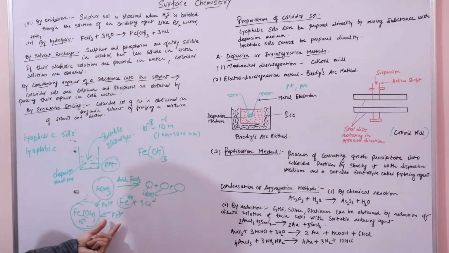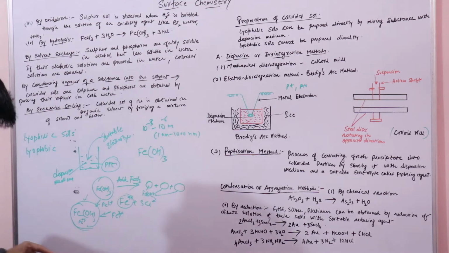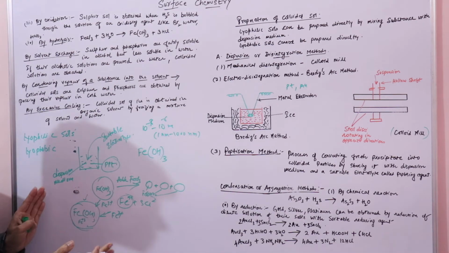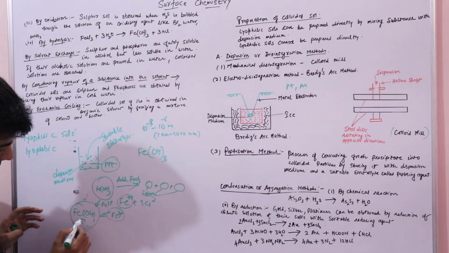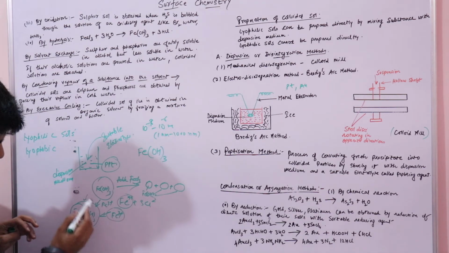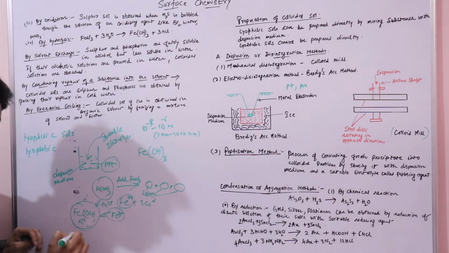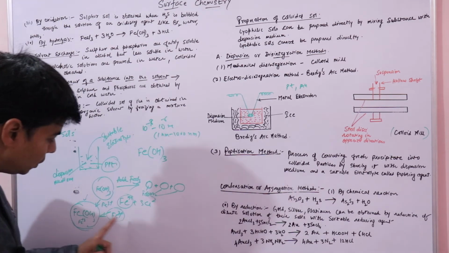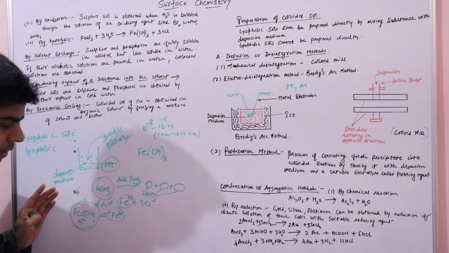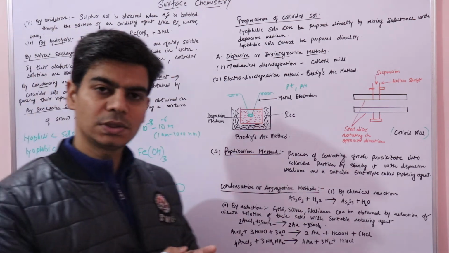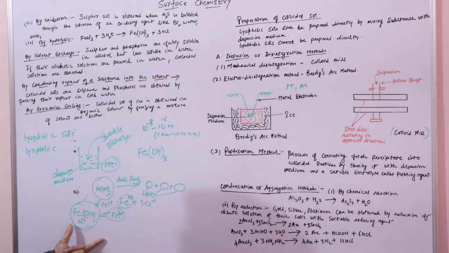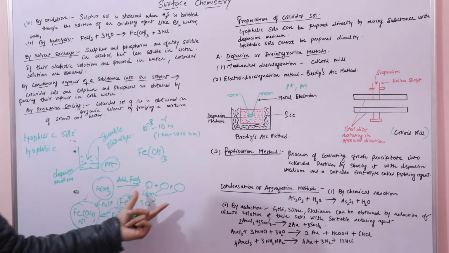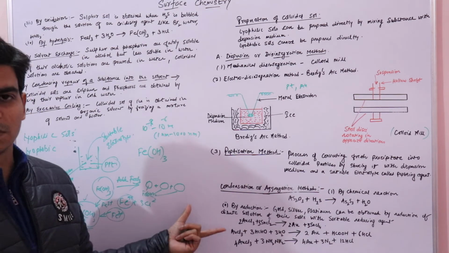So when it adsorbs a similar ion, there is electrostatic repulsion between ferric ions of ferric chloride and ferric ions of the precipitate ferric hydroxide. Due to this electrostatic repulsion, this precipitate will dissociate into smaller particles of colloidal range, right?